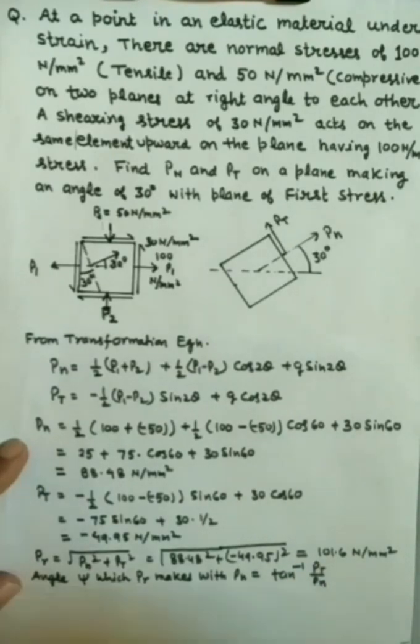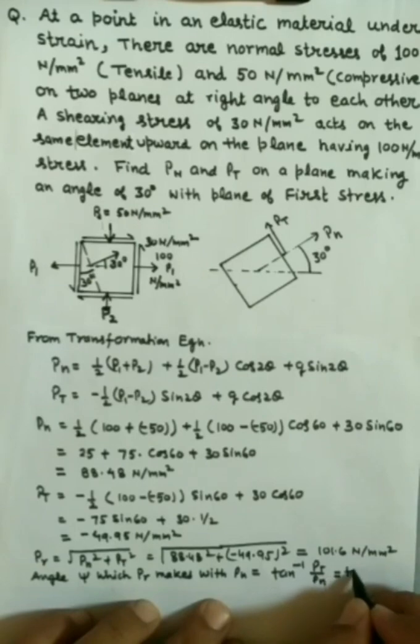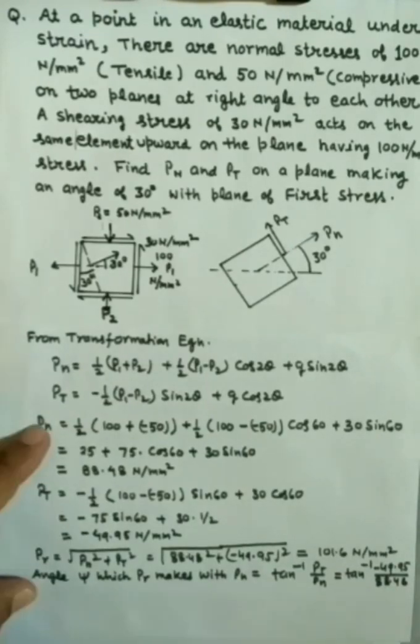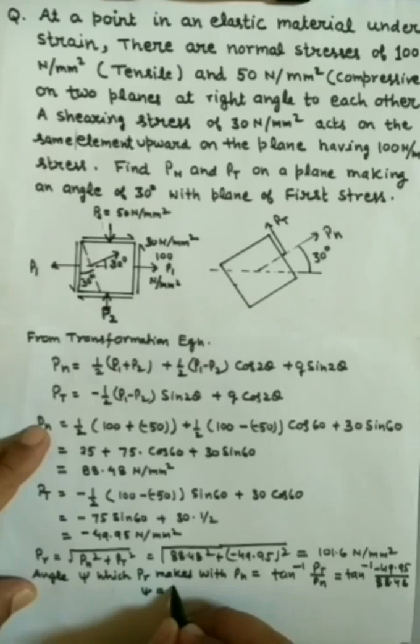So that is equal to tan inverse minus 49.95 upon 88.48. This gives a value of psi equal to minus 29.24 degrees.